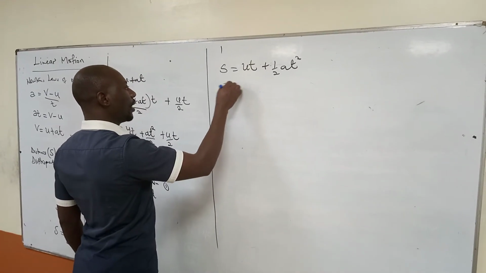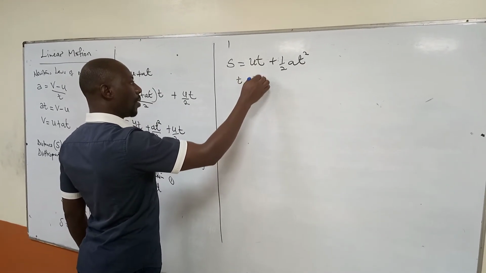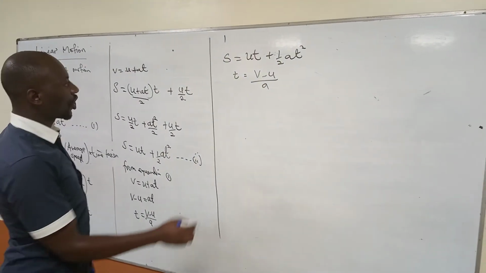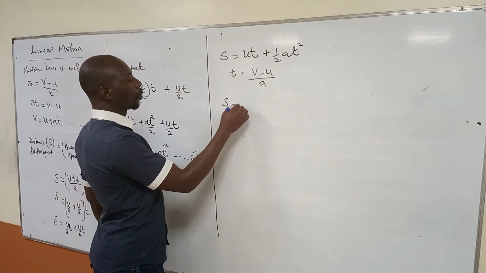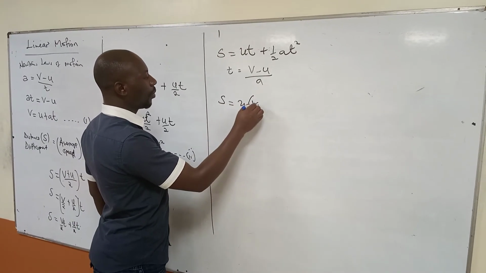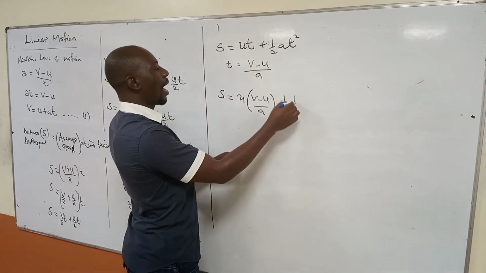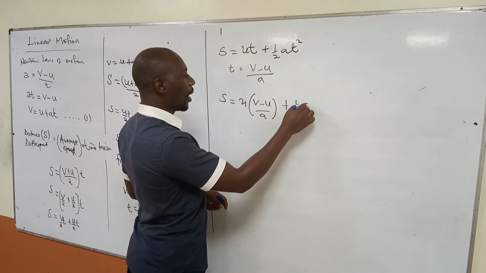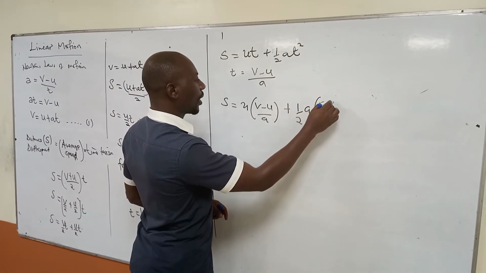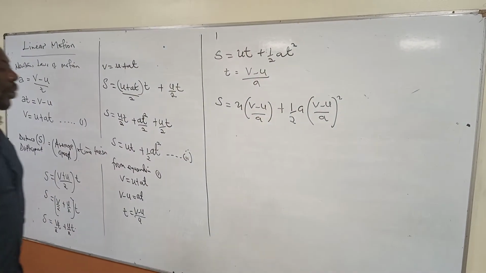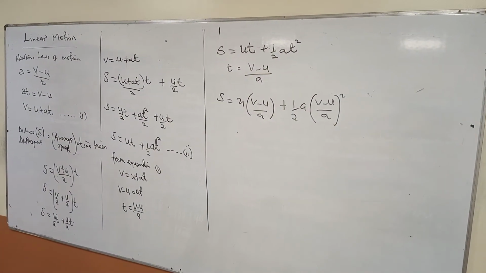And we found that t is equal to v minus u over a. So you replace, it shall be s is equal to u into v minus u over a. That is the value of t, plus a half into a into v minus u over a squared, that is t squared. So you expand the brackets step by step.